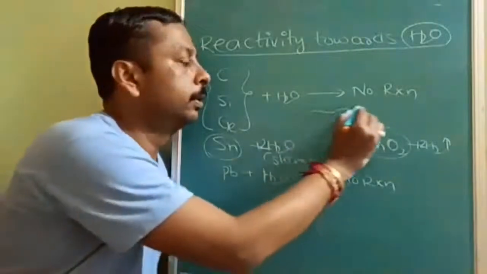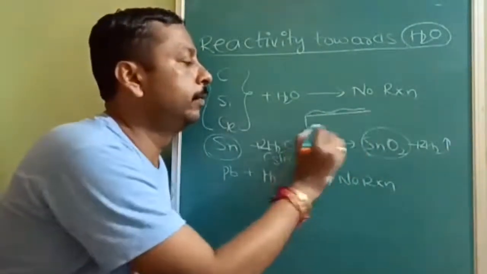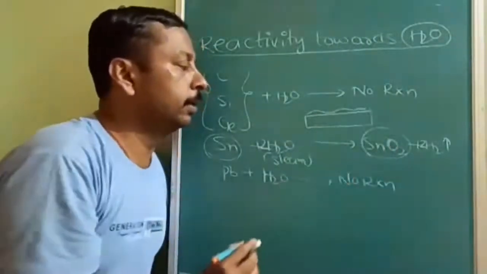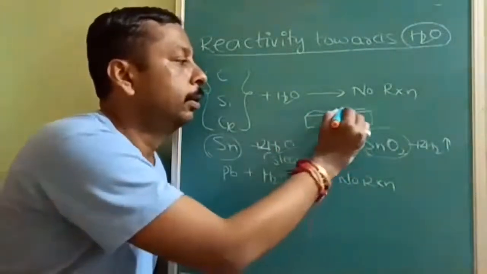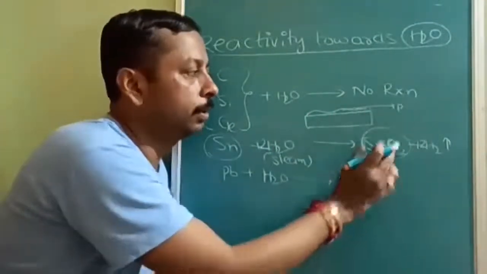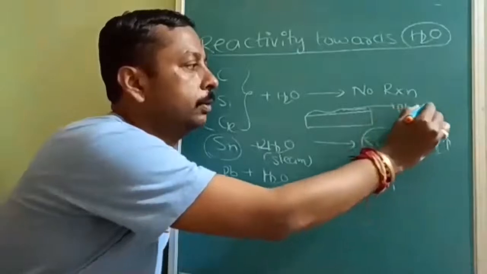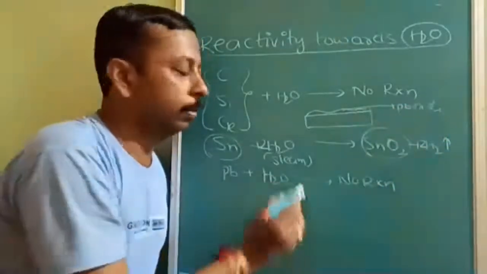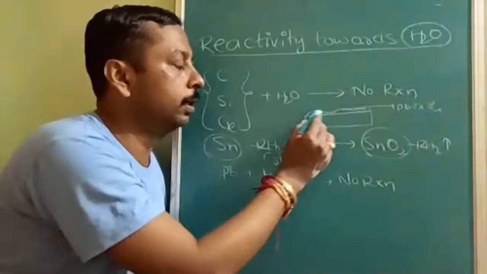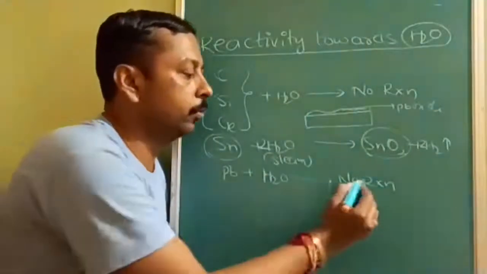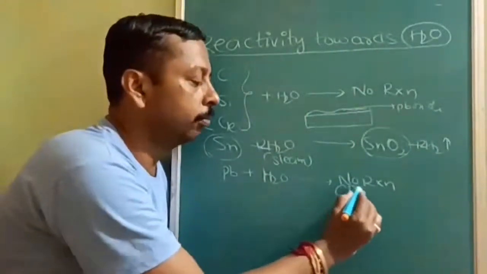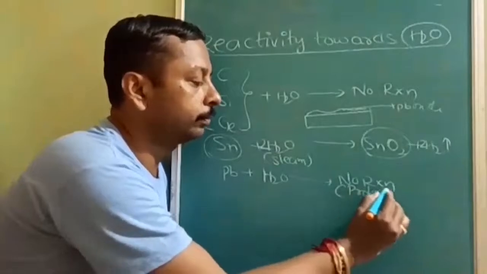Initially, there will be reaction for some time. Okay. So this is the lead. Initially, there will be reaction. We cannot say there is no reaction at all. So here a lead oxide layer formation will be there. But further, if you send water, then there is no reaction. What is the reason?